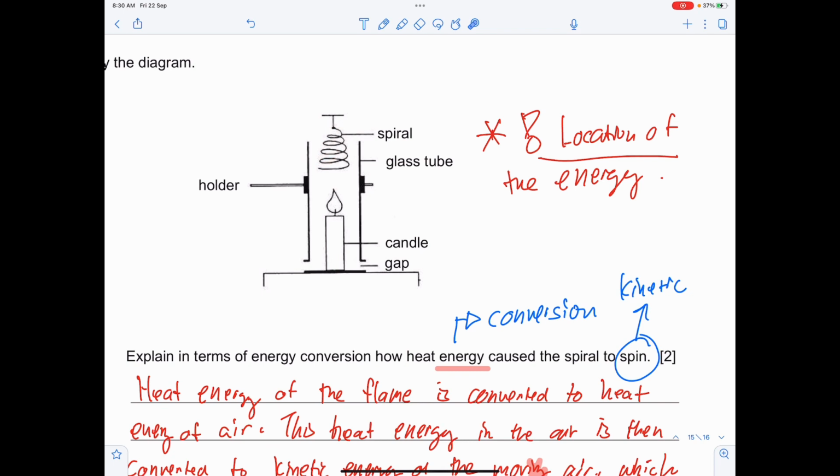There is a higher order alternative answer, okay, that not many people may know about. And that is, when you burn anything, you actually need oxygen. So when you have a gap over here, it could potentially increase the amount of oxygen flow.